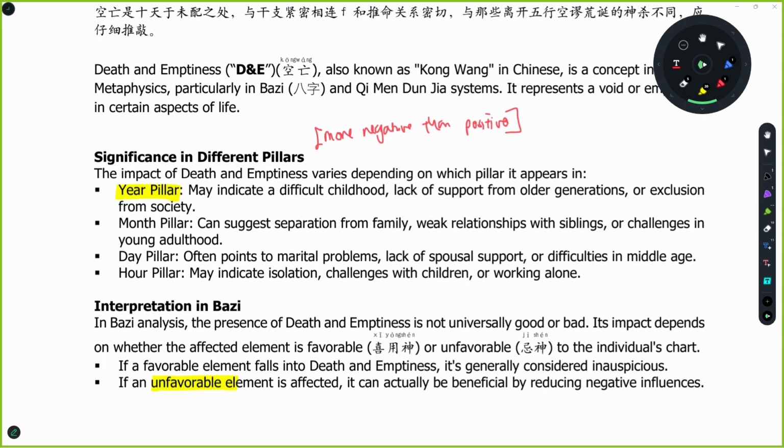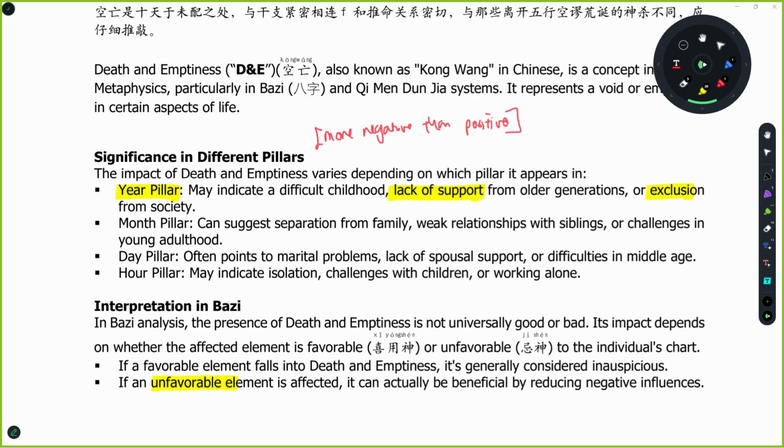If not, we'll see that the year pillar represents childhood. So the reading would be difficult childhood, poor, hardship, and lack of affinity. The person would also find themselves excluded, lacking support, and therefore in a way not popular.